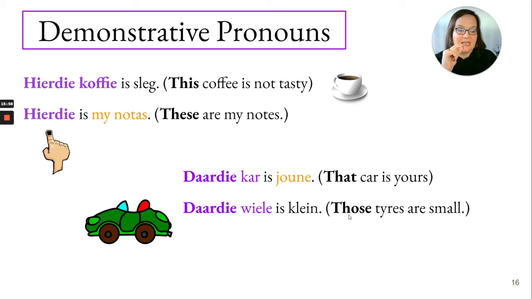Daardie wiele is klein. Those tires are small. So you can see hierdie, daardie used as demonstrative pronouns, and you can use die as well. Die kar is joune. Die wiele is klein. So you can delete daardie, you don't have to say it. But if you don't say daar, you have to go die. You have to put the emphasis on the die.